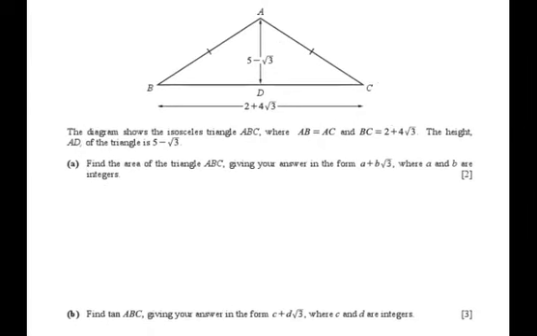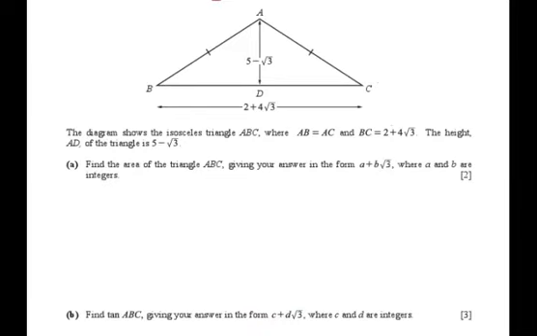Okay, now, find the area of the triangle ABC, giving your answer in the form of this, where a and b are integers. Okay, to find the area of this, we can use the normal formula, which is 1 over 2 times the base.